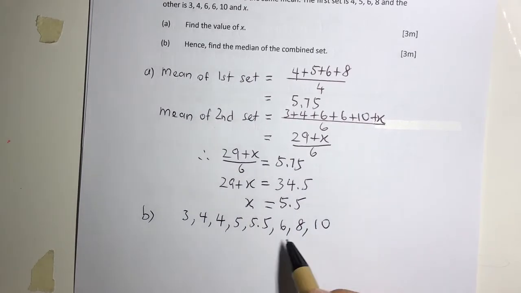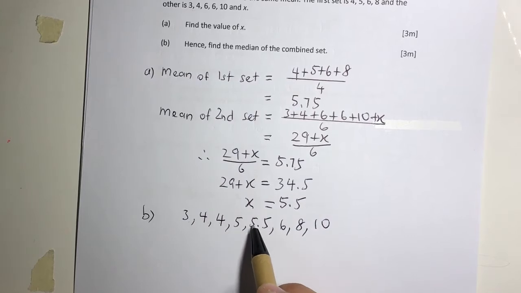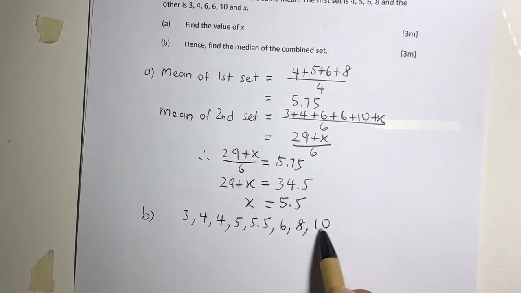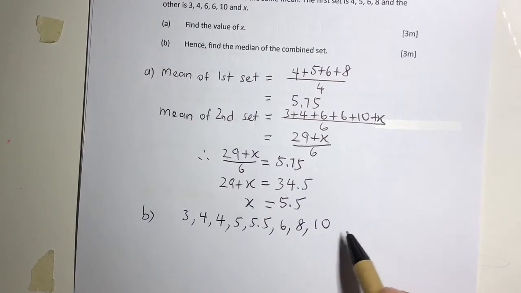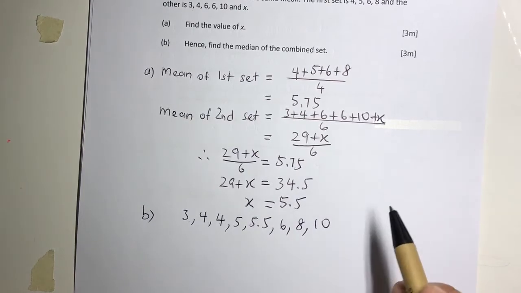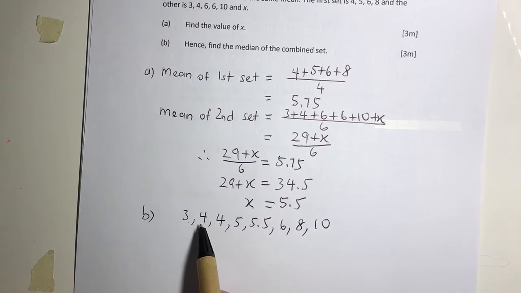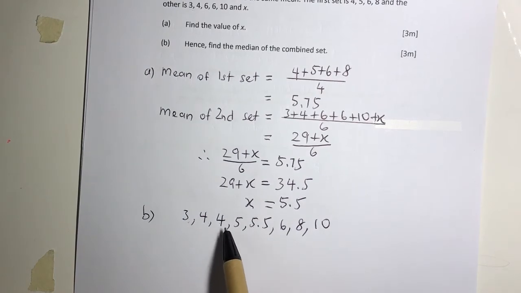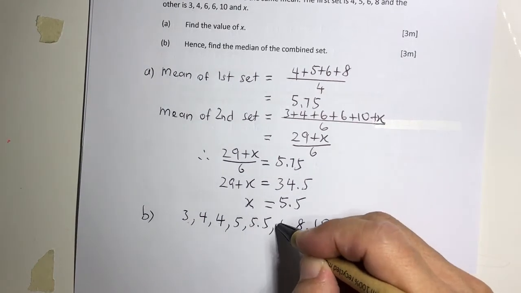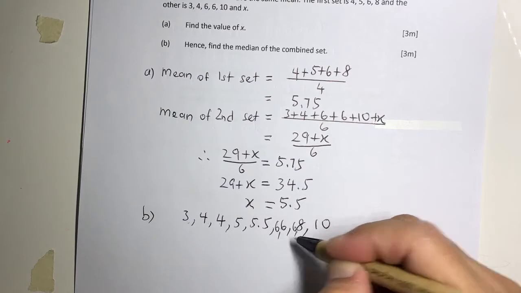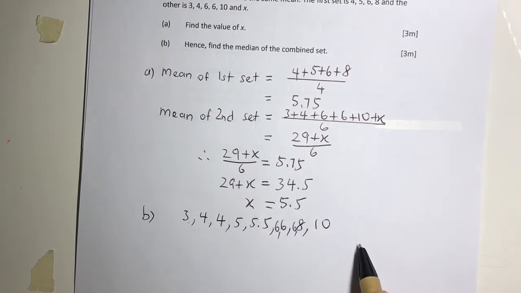There should be 10 numbers. 1, 2, 3, 4, 5, 6, 7, 8. 6 plus 4, 10 numbers. There are 3 sixes here. So there are 10 numbers.